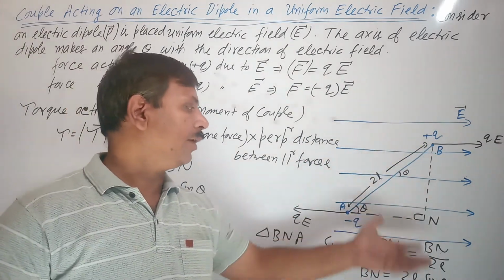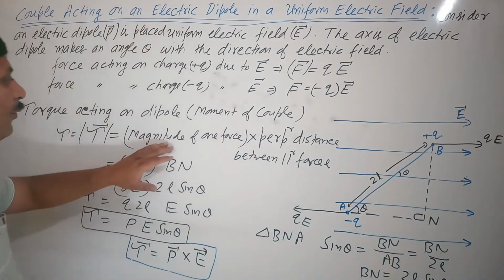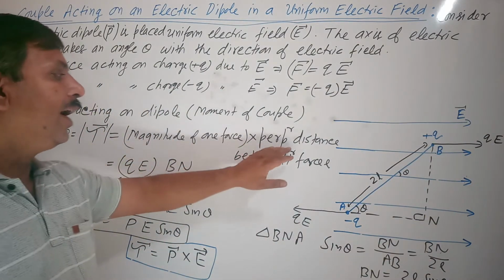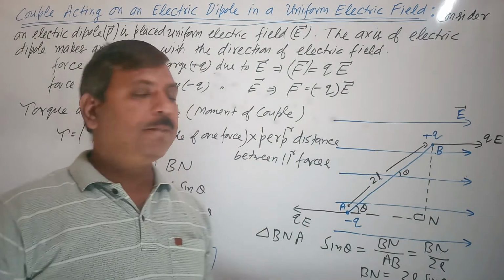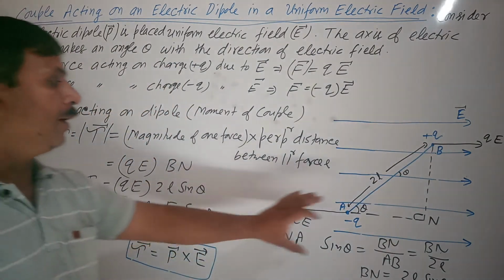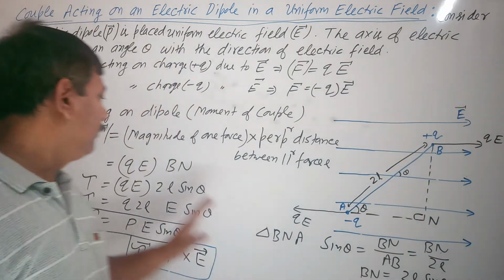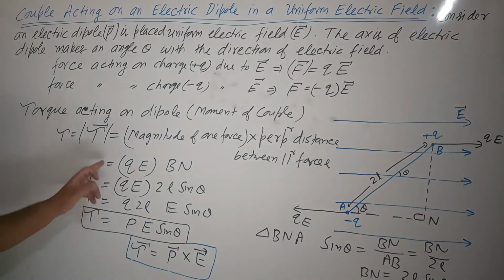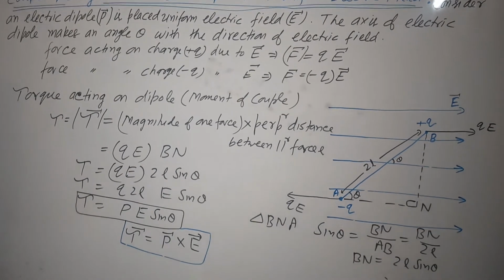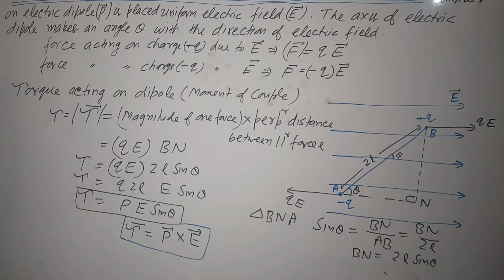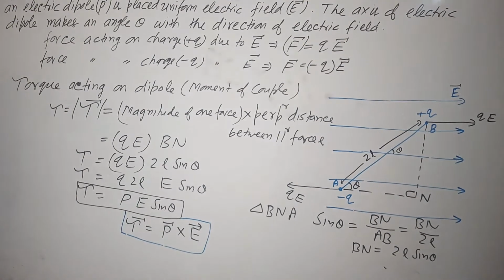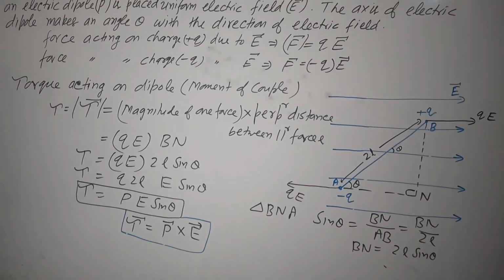The moment of couple or torque is equal to the magnitude of one of the forces times the perpendicular distance between the parallel forces. This distance is BN, so torque is equal to q into BN. BN is equal to 2L sin theta, and putting that in, we find the expression of torque.